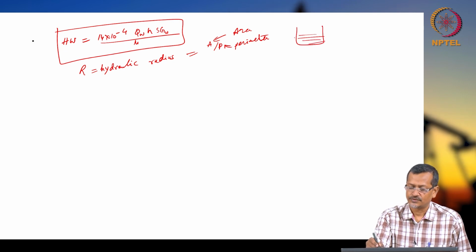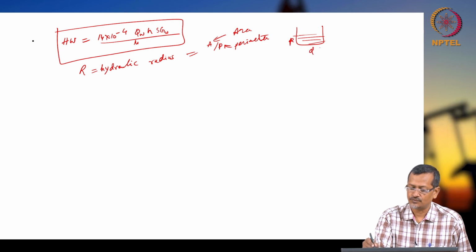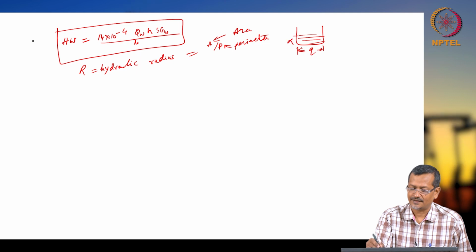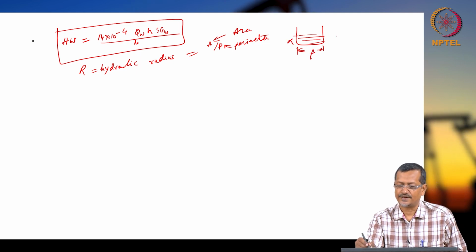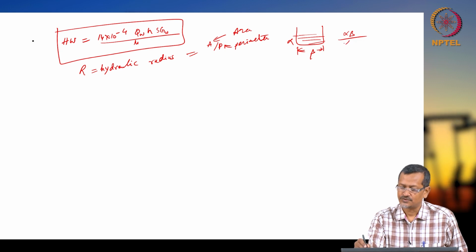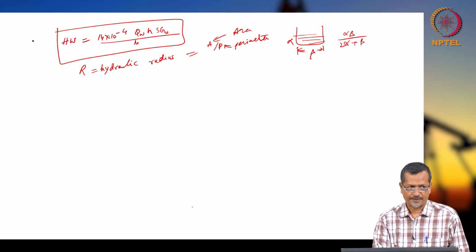Let's say this is P, this is Q, but I should not mix up P, so I'll use different names: alpha, beta. So area is alpha into beta, and perimeter is alpha plus beta plus alpha. So this is wetted area by wetted perimeter.